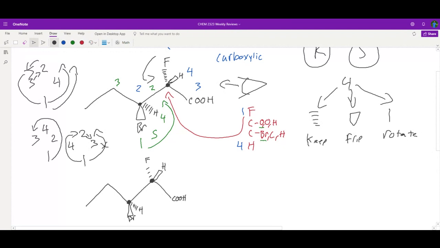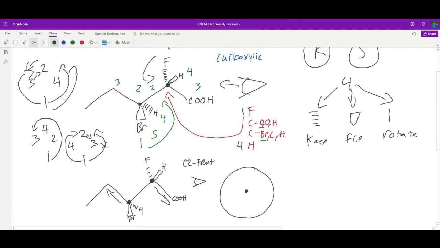All right, so you draw your back carbon and you draw your little dot. Again, we are looking from this direction, and C2, the one that has fluorine, is going to be the front. Looking at where my line is, my line is pointing downward here, and pointing upward here.